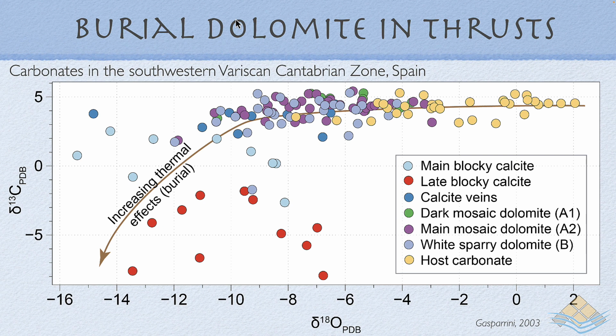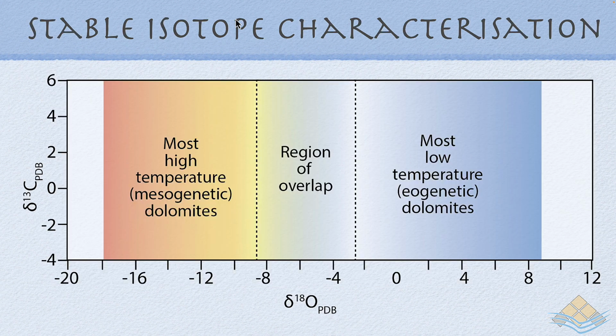Quite often post-dating the saddle dolomite, we will see a sparry calcite association. In general, the most characteristic feature we see associated with hydrothermal dolomites is this negative range in their oxygen isotope signatures, values of less than -8.